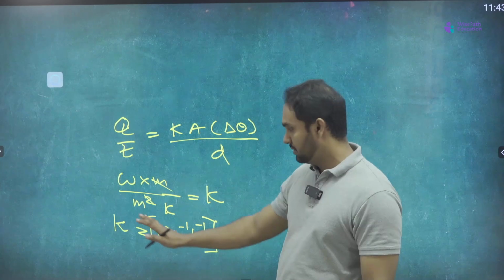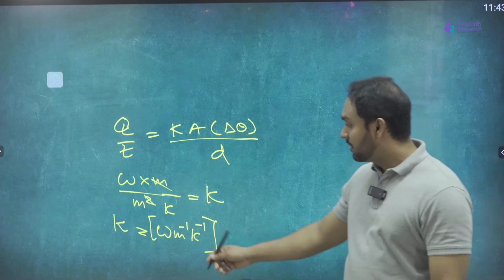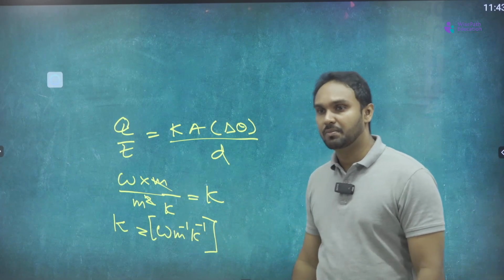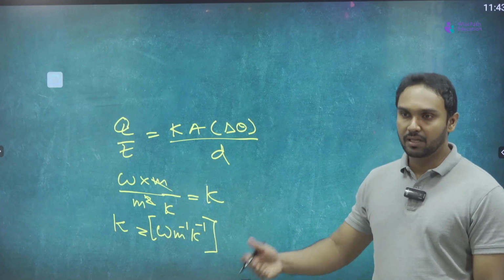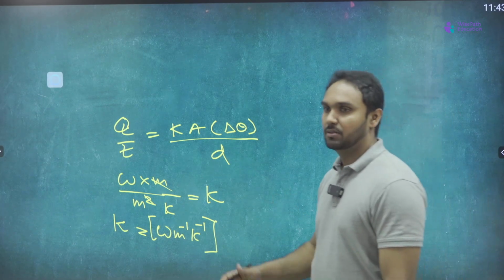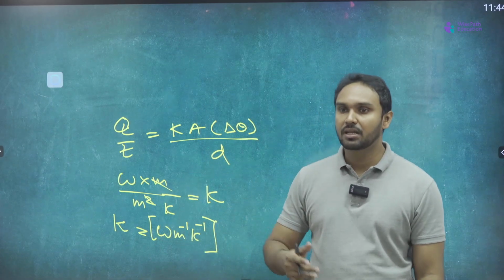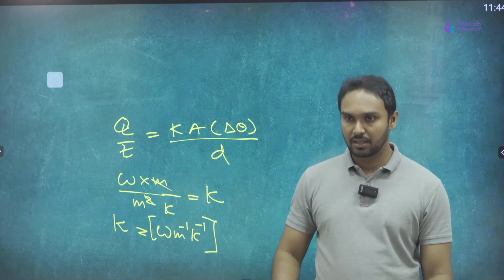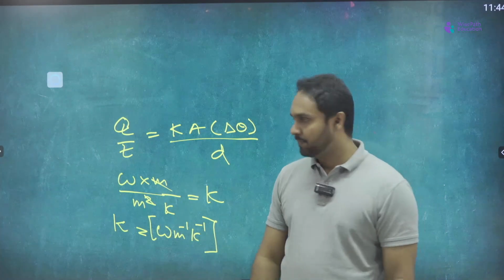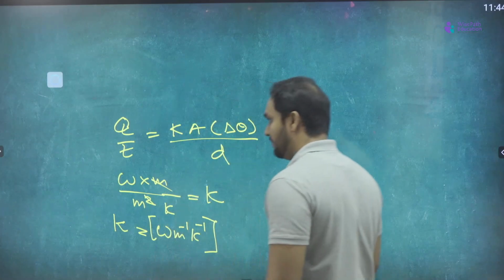That is K, conductivity, right? Per temperature, per length, how much rate of heat is flowing is the K. So that K only changes when the material or the substance changes, right? K is a constant depending on the substance, right?